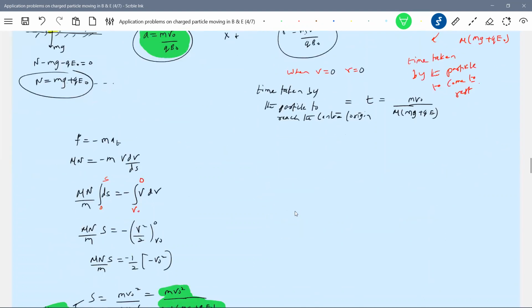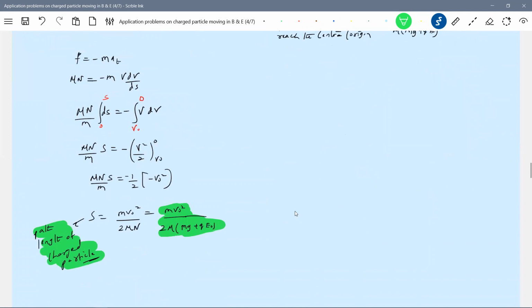Angular momentum of the particle, not concerned, no? So we'll write it here: angular momentum of the particle is not conserved. What about kinetic energy?